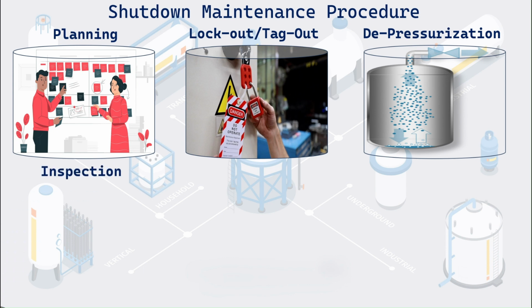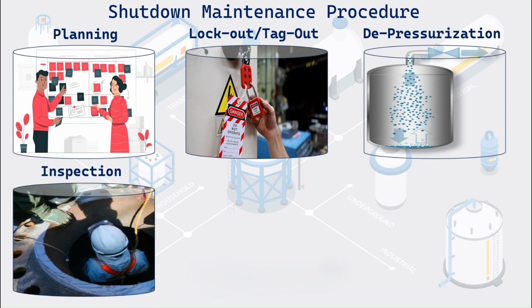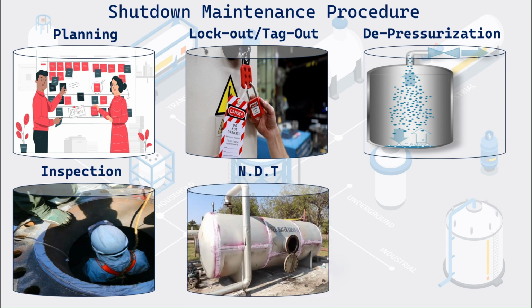Internal and external inspection. Conduct thorough visual inspections for corrosion, cracks, deformation, and other defects. Non-destructive testing, NDT. Use methods like ultrasonic, radiographic, magnetic particle, or dye-penetrant testing to detect hidden flaws in the equipment. Thickness measurement.